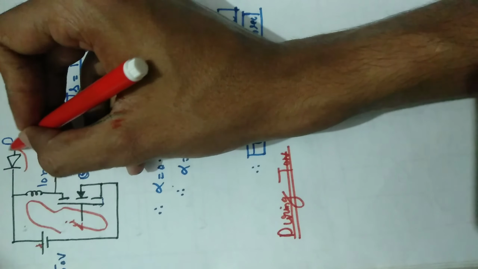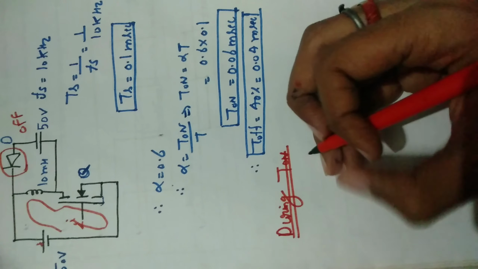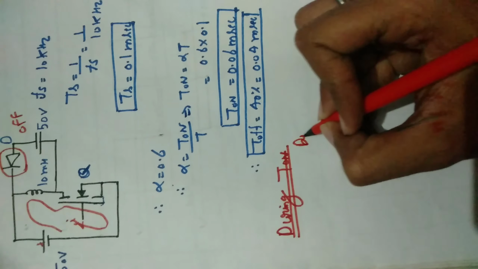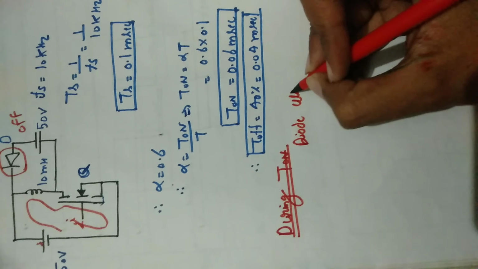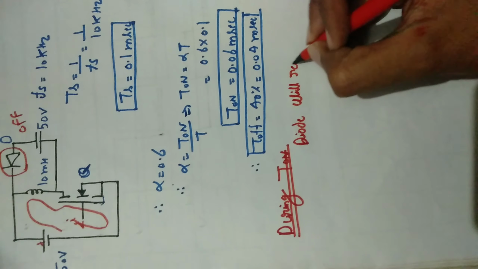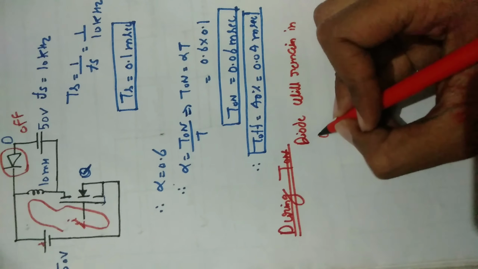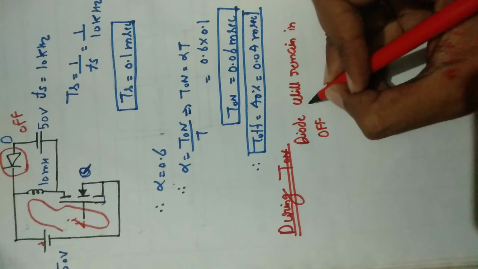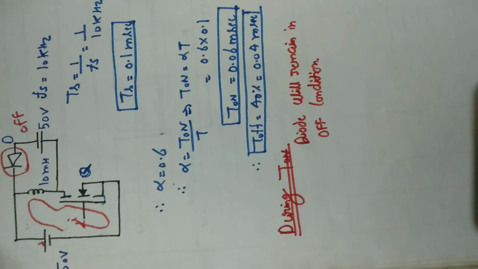That's why the diode will remain in off condition during T on time.